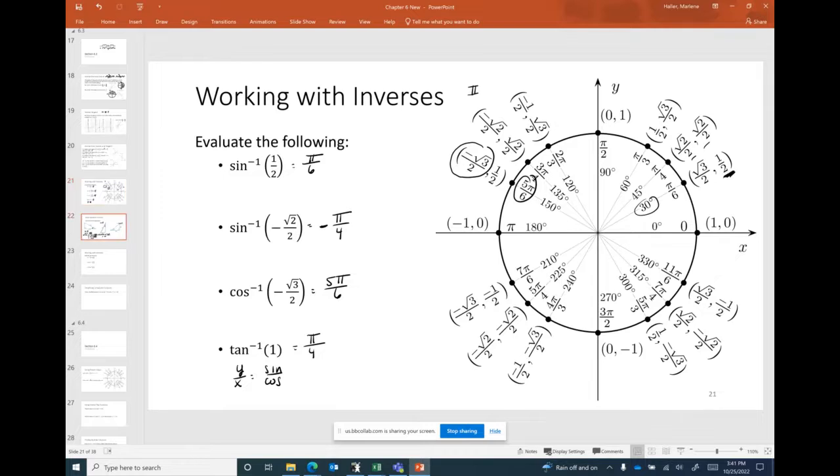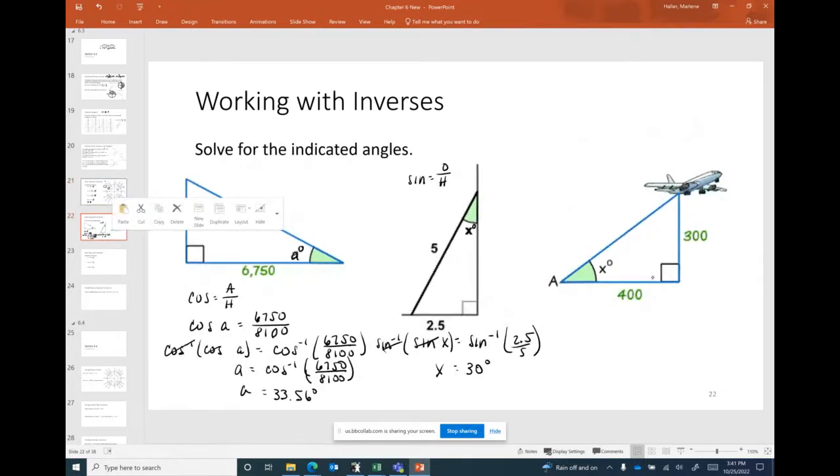One more. This triangle, for angle x here, we know the opposite and the adjacent. Well, since the tangent is defined as the opposite over the adjacent, an inverse tangent function is what we're going to use to get that angle, right? So I know that the tangent of angle x is equal to opposite over adjacent, 300 over 400.